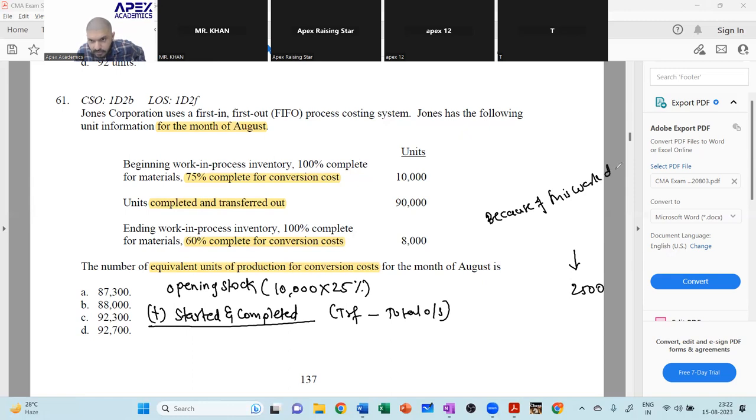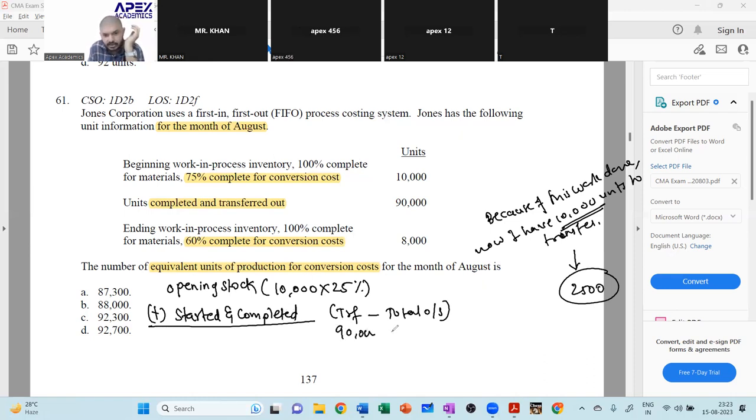Because of this work done, now I have 10,000 units to transfer. Agreed or disagreed? How many did I transfer? I transferred 90,000. Out of that, 10,000 was opening stock. So how many did I start and complete?